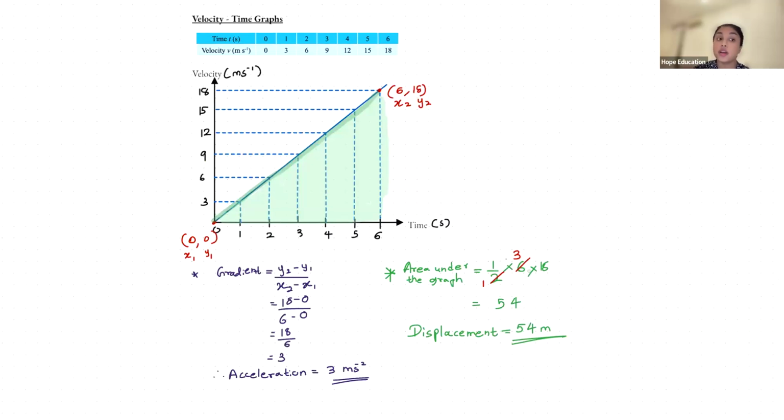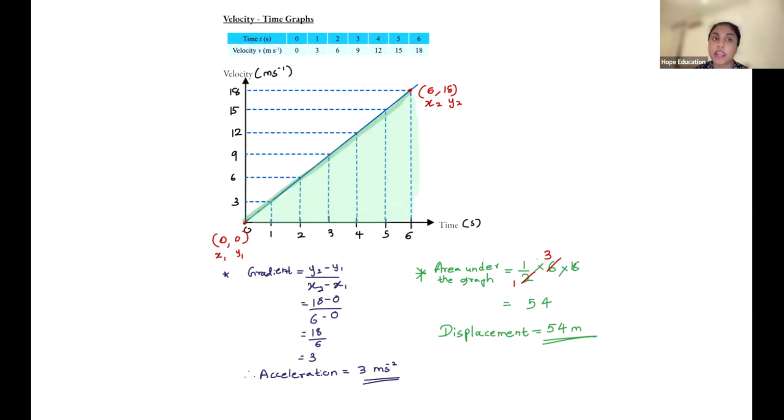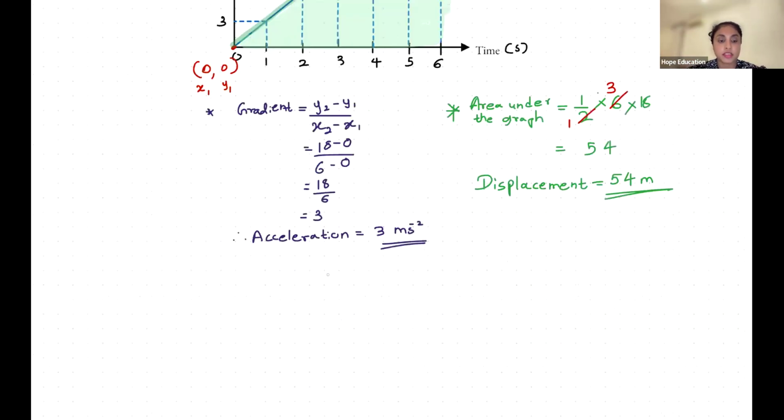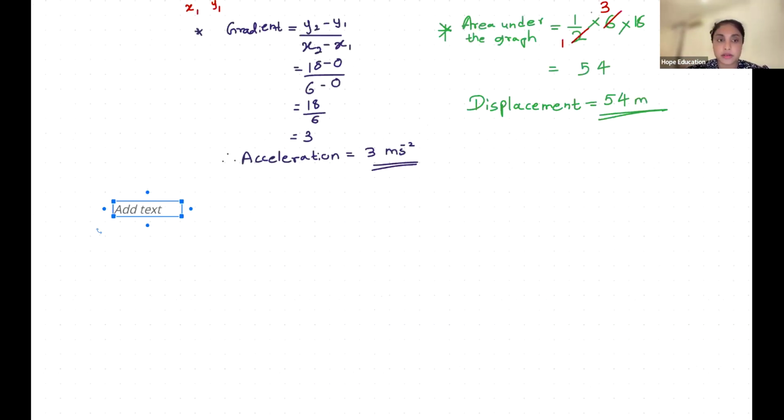Now we are going to do a question. This question I'm not going to let you do alone. We will do it together. Once we do a question together, then I will give you a question to try alone. Here is a question. Put Q and write the question.